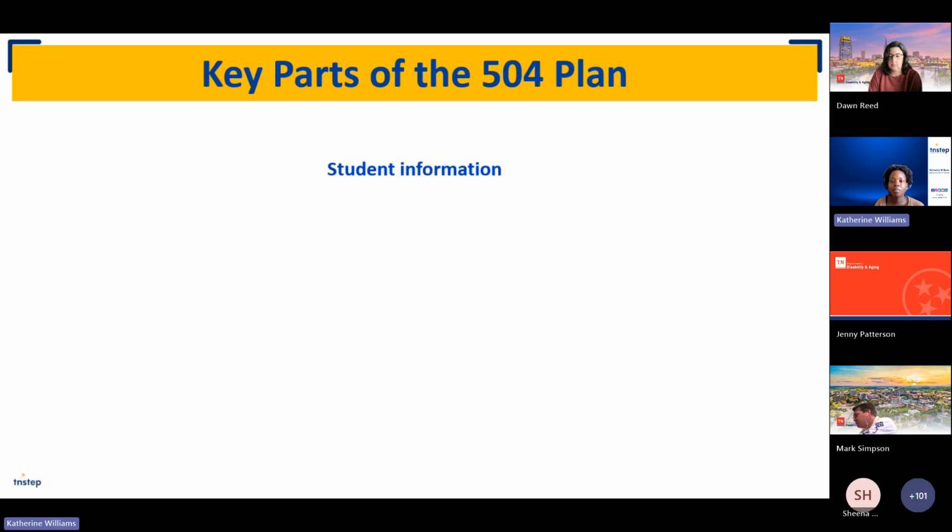So the key parts of the 504 plan: each 504 plan has basic information like student information. There also would be information on how the disability that the child has impacts their learning or participation.